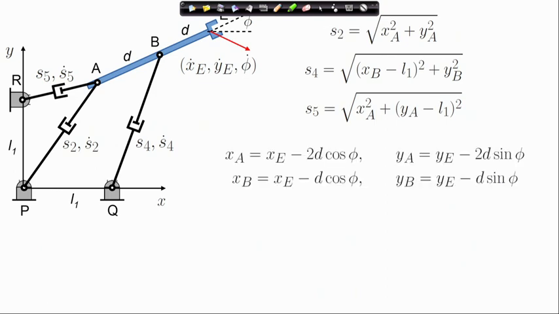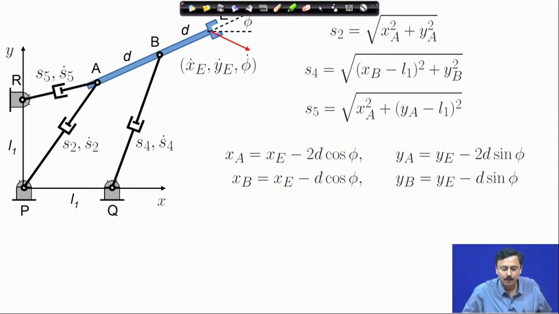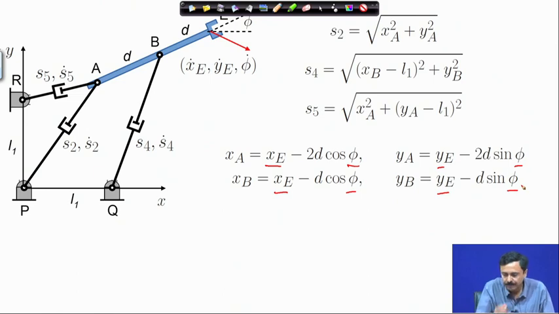So, here you can relate x a, y a, the coordinates of point A, and similarly the coordinates of point B, in terms of the coordinates of the end effector and the orientation of the end effector phi. Therefore, you can just substitute them here and start differentiating.